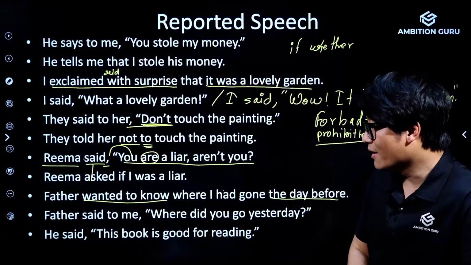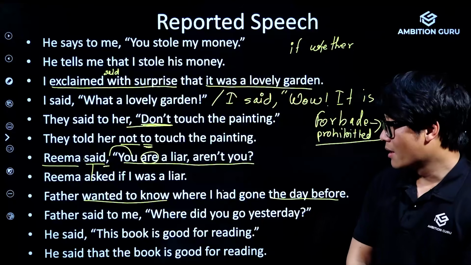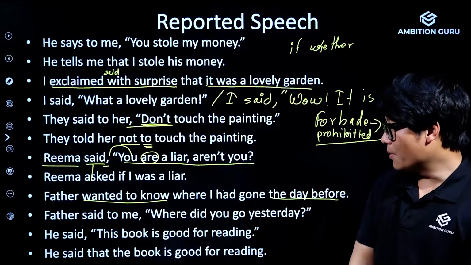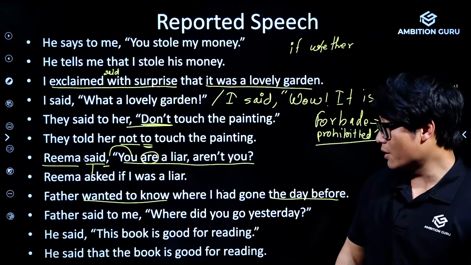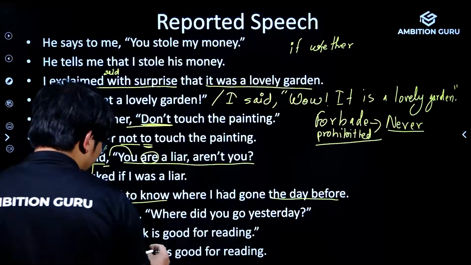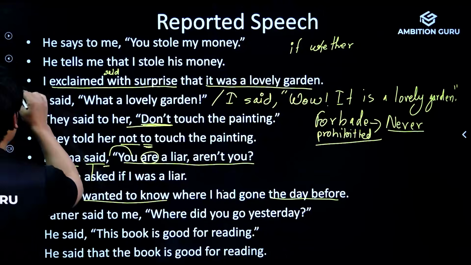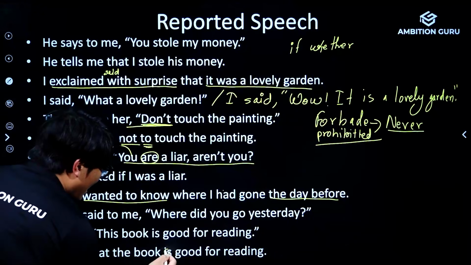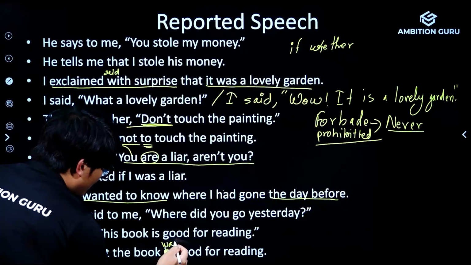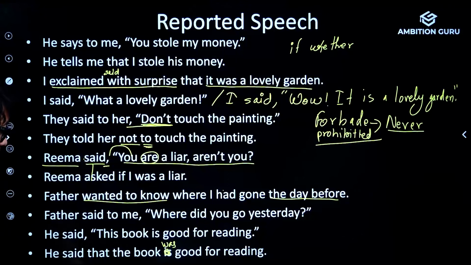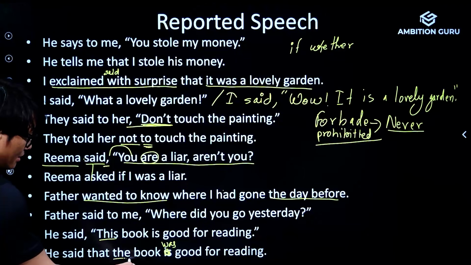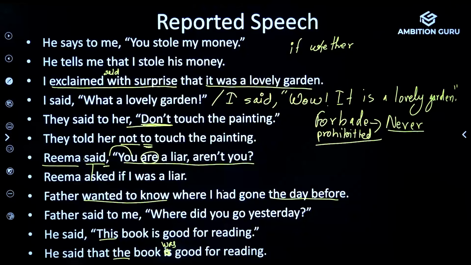Very good. Okay, so you can see he said that the book is good for reading. Sorry, it's not. Okay, let me now surprise you here. The book was good for reading. Here is a this and here is a the. Do you have any answer? Why?